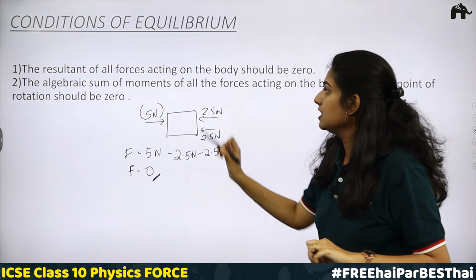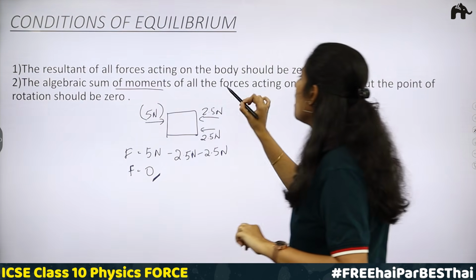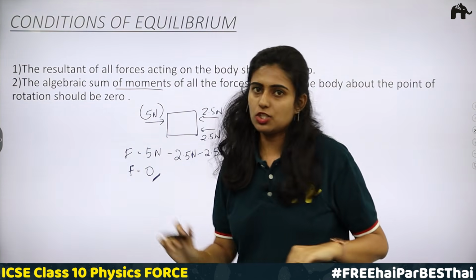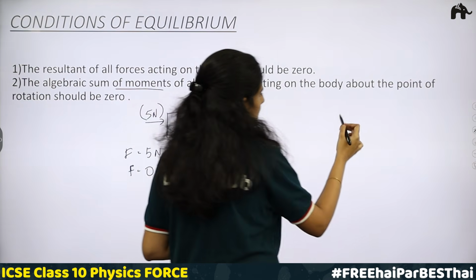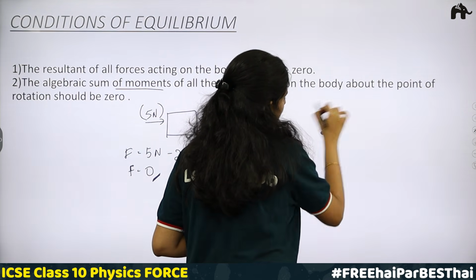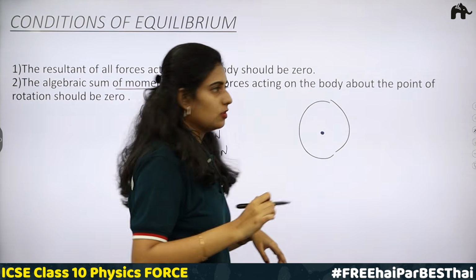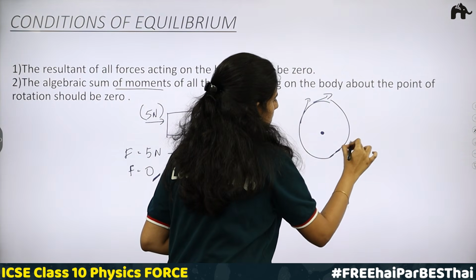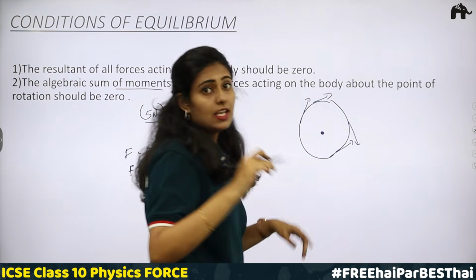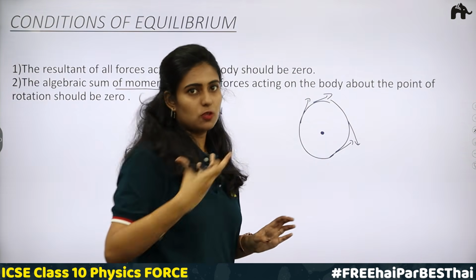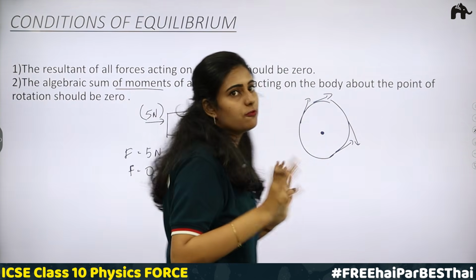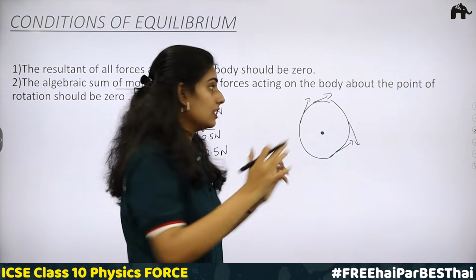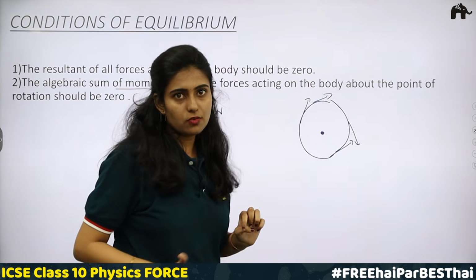Next condition is that the algebraic sum of moments of all the forces acting on the body about the point of rotation should be 0. Just take the case: a body is pivoted at this point, and many forces are applied. Some forces are applied like this, some like this, some like this. When you take the algebraic sum of their moments, it should be equal to 0. When it is rotating, it can have clockwise moment and anti-clockwise moment.